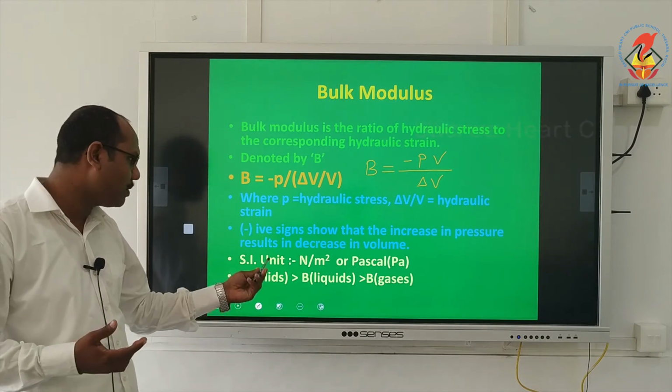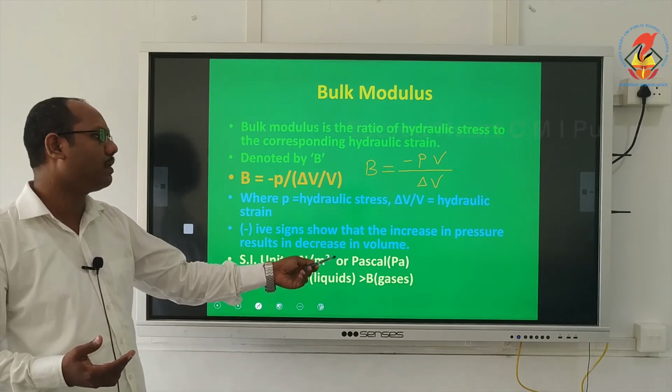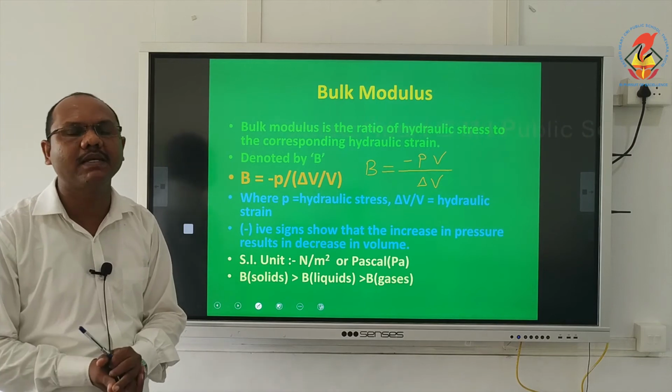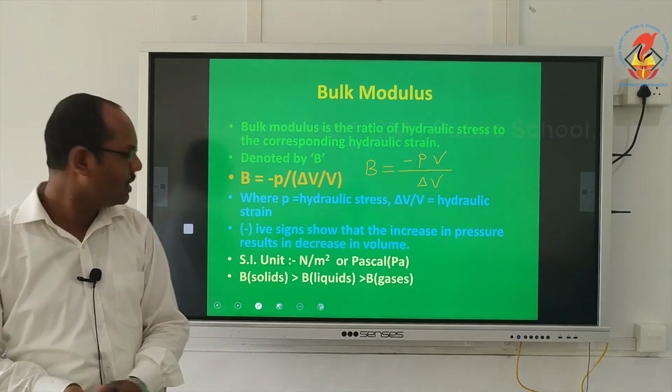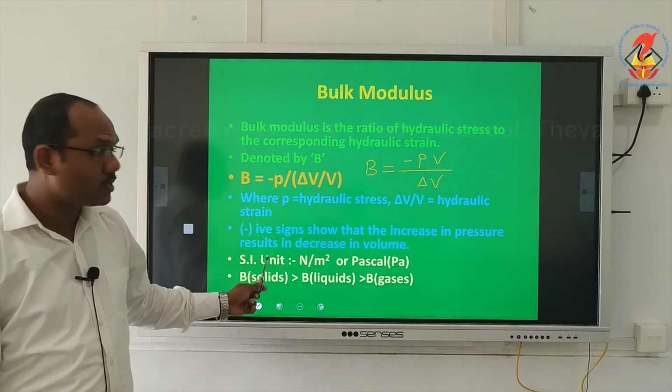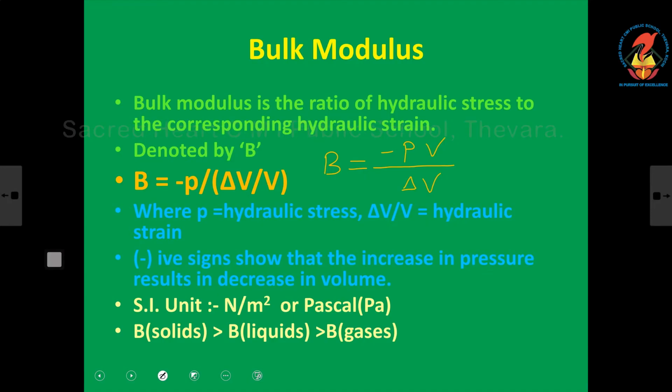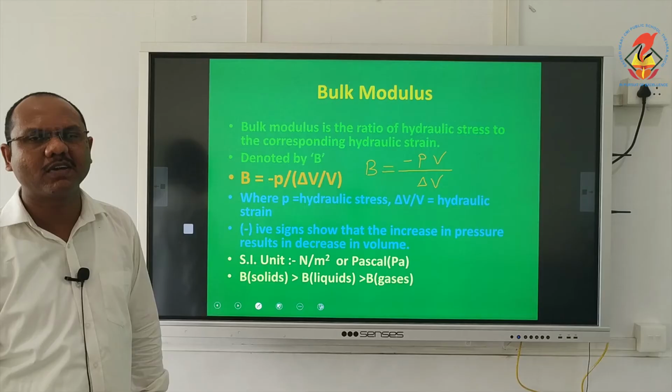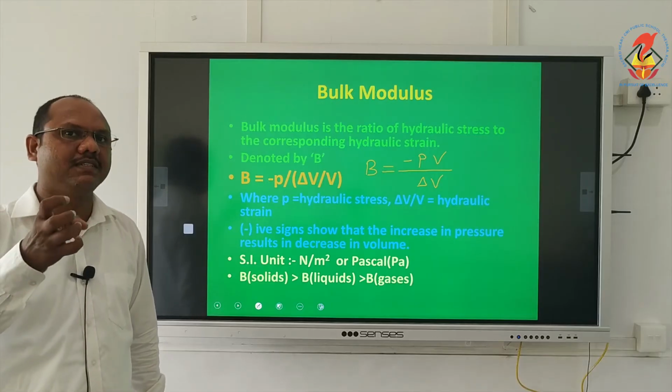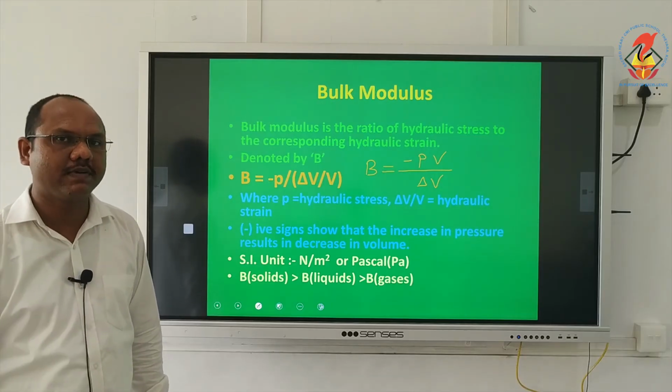Again you can see the SI unit is Newton per meter square or Pascal, that means same as that of stress. Bulk modulus of solids is very much greater than that of liquids, and the bulk modulus of gases is small. So, gases have very small bulk modulus, and bulk modulus is more for solids, because solids are least compressible.